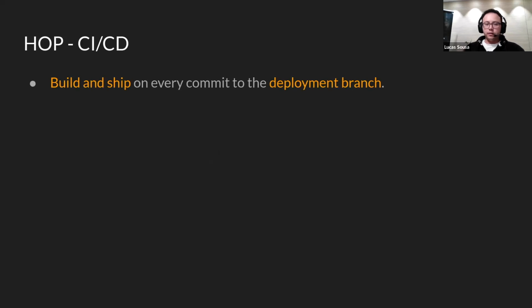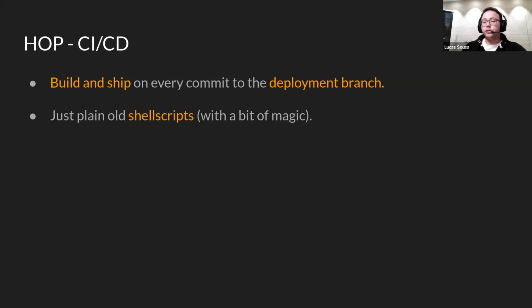What it does is provide you the files and the machinery to run the pipeline on your provider of choice. So the idea here is that you build and ship on every commit to the deployment branch, and they are just plain old shell scripts with a bit of magic here and there, of course, but they are essentially that, and they just do pretty much generic things.